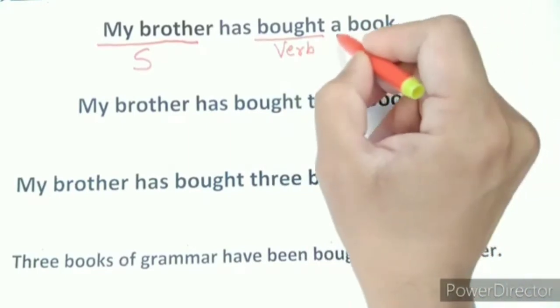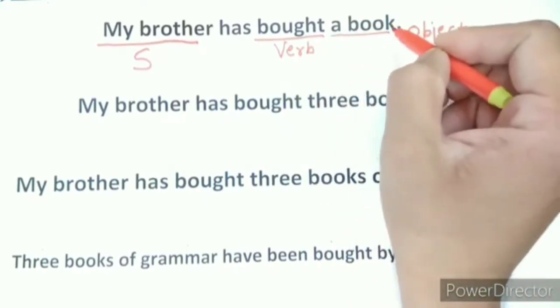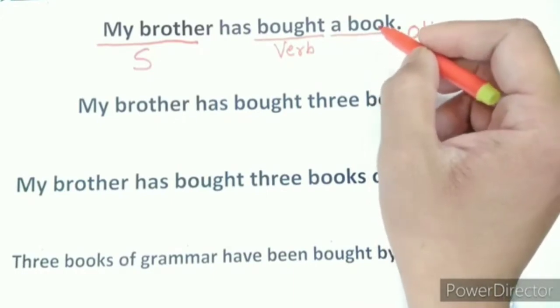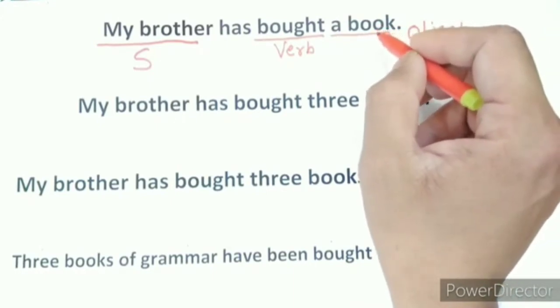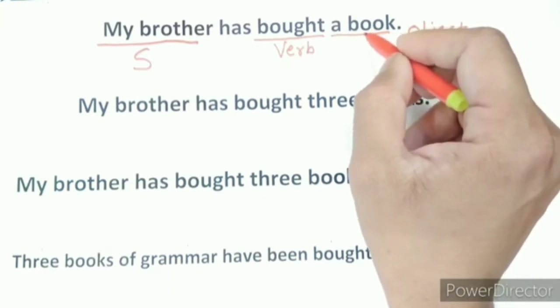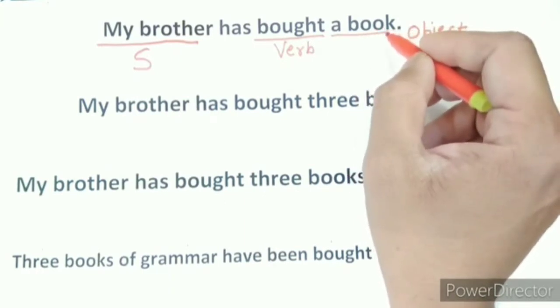Now let us come to the last part of the sentence, a book. So a book is the object of this sentence. How did I find out this object?